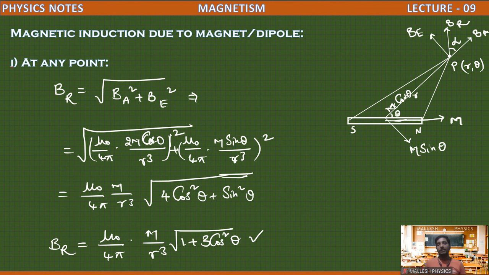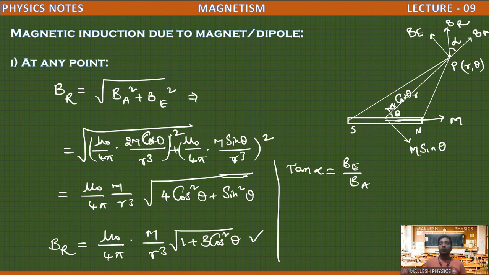Now to find the direction of this resultant field, you can take tan alpha equal to BE by BA, opposite by adjacent. The opposite side is BE, and the adjacent side is BA.